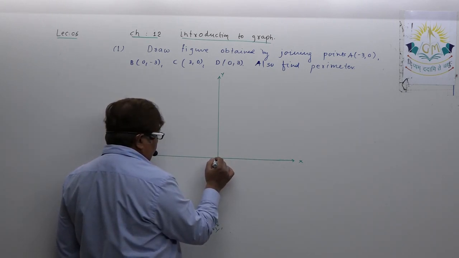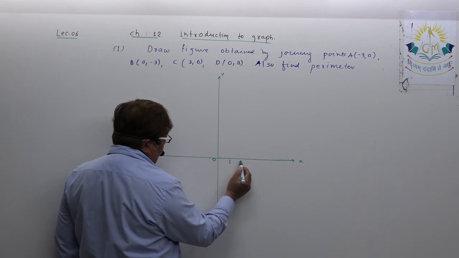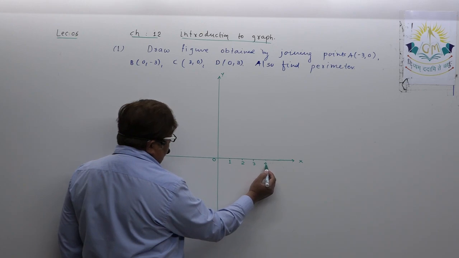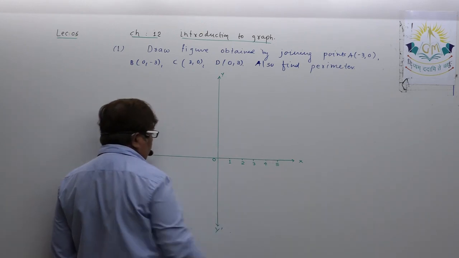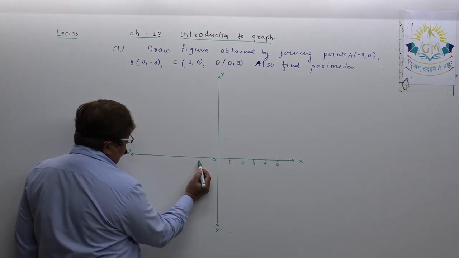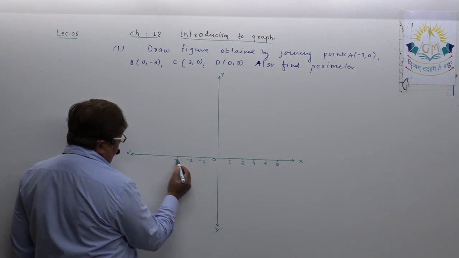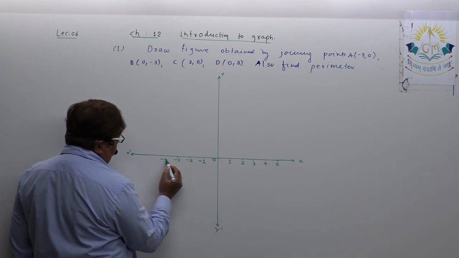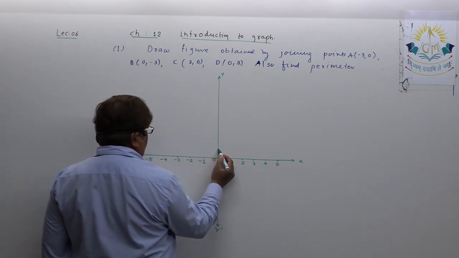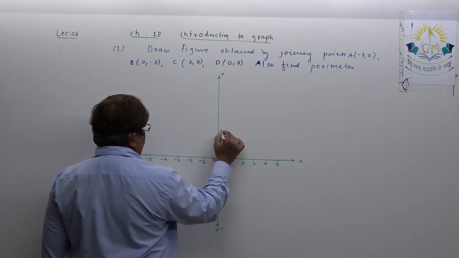This is the origin. Here you will write positive x coordinates. I am writing up to 5 coordinates only, here again 5 coordinates, here also 5 coordinates.